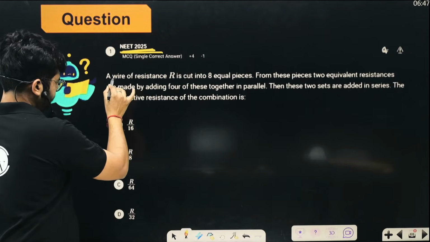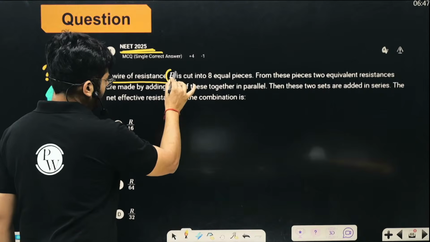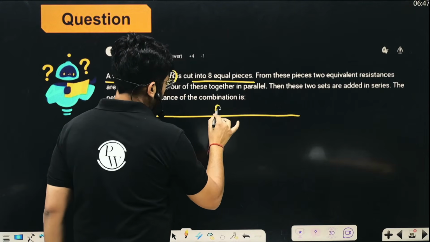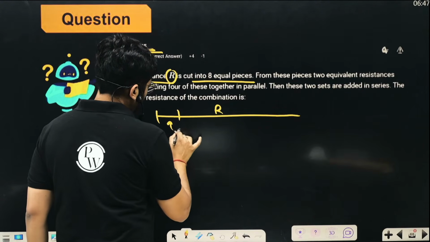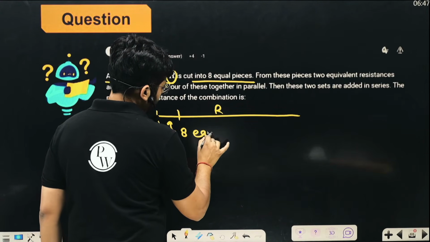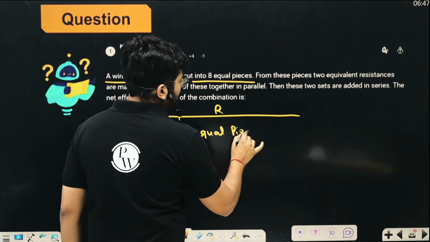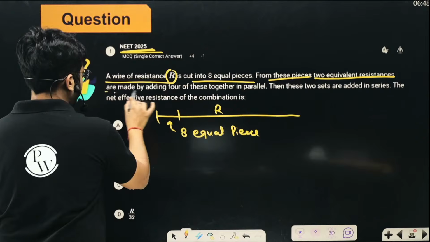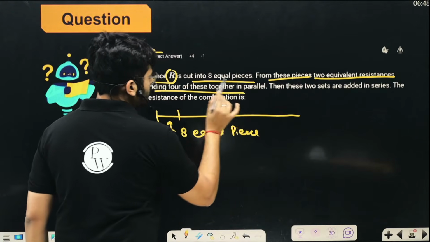Okay, read it. A wire of resistance R is cut into 8 equal pieces, right? And then from these pieces, 2 equivalent resistances are made by adding 4 wires together in parallel.